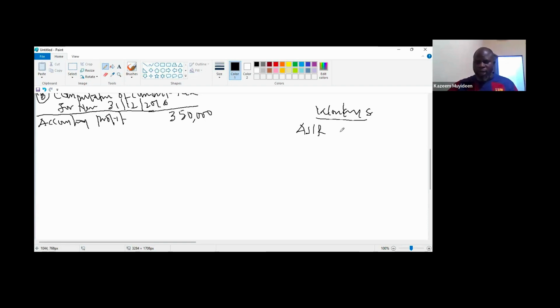So the cost of the asset is 70,000. Depreciation rate is 10%, so times 0.1. That will give us 7,000. So that's why we see 63,000 as the carrying amount: 70,000 minus 7,000. That's for the depreciation. For the capital allowance, what did they say?